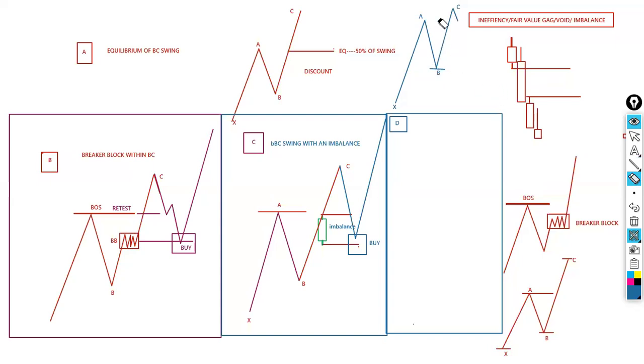So when you see a swing structure like this, where the BC leg is very short, please be careful about considering some of the scenarios we've talked about, mainly when the BC leg is way shorter than the XA leg.